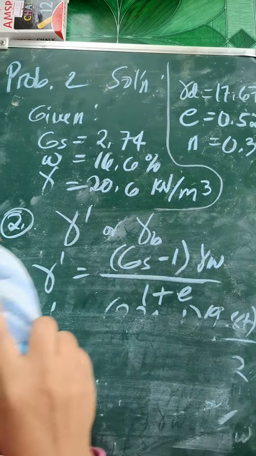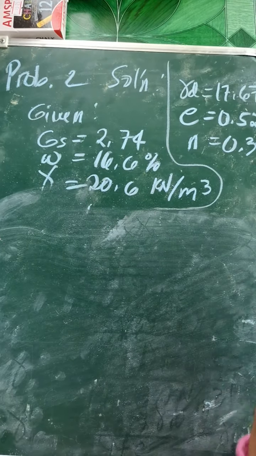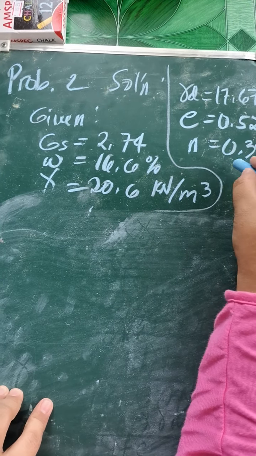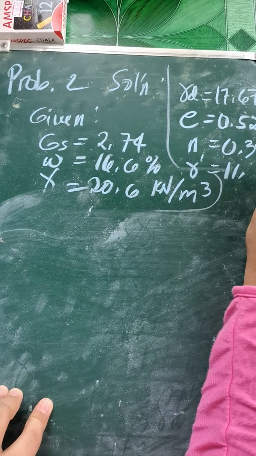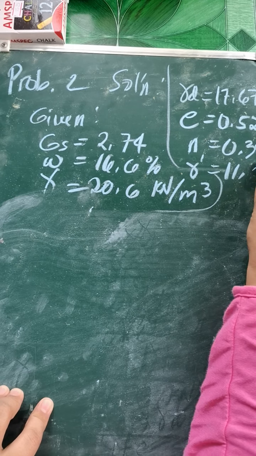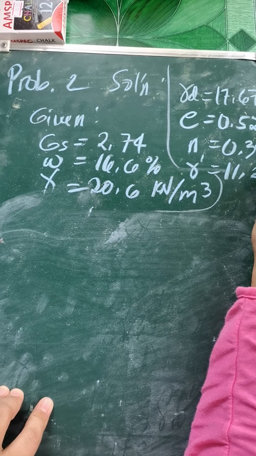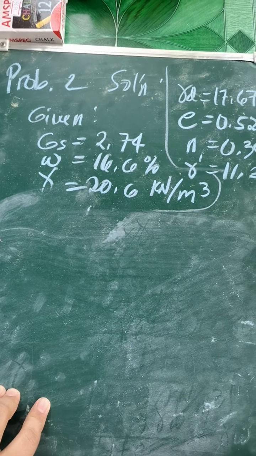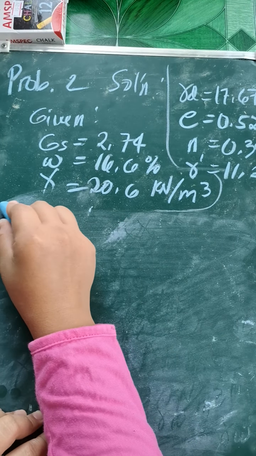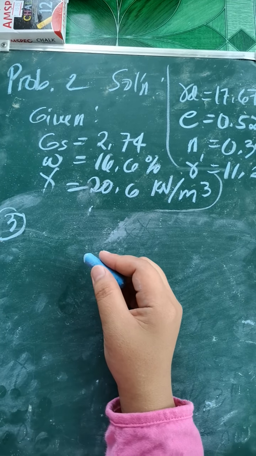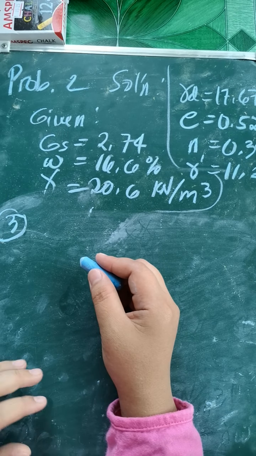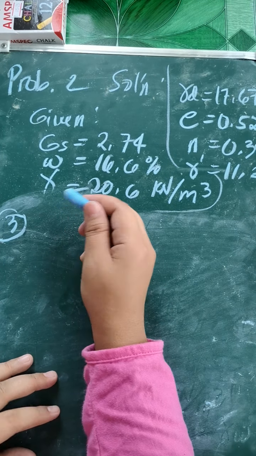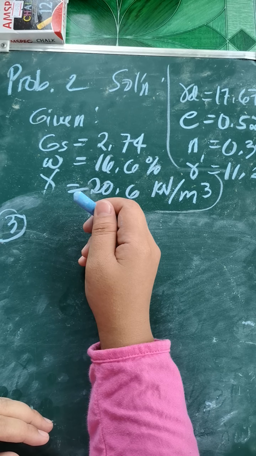Okay, next, number 3. So we have the buoyant unit weight here, additional. So we have gamma prime is equals to 11.23 kilonewton. So number 3, the question here is, compute the weight of water in kilonewton to be added per cubic meter of soil for 90% degree of saturation. So, what are we going to compute in here? The question somehow is tricky.